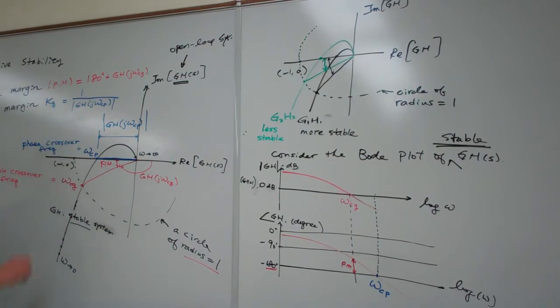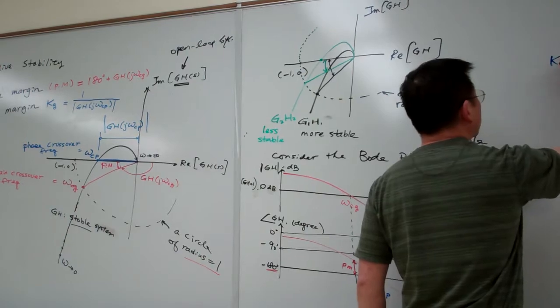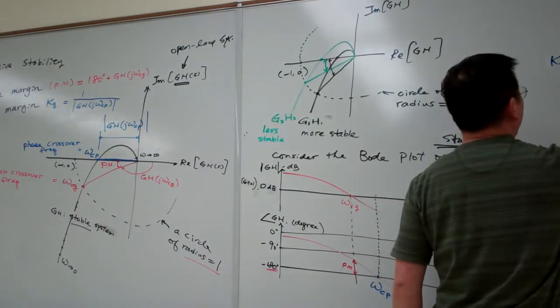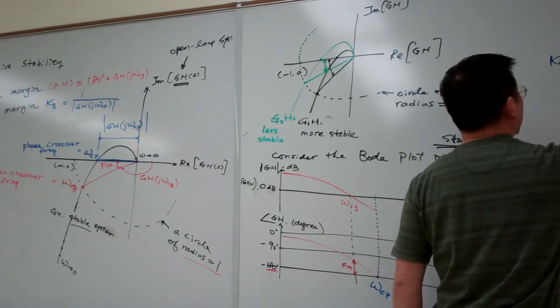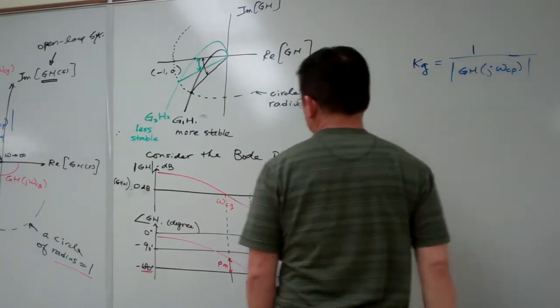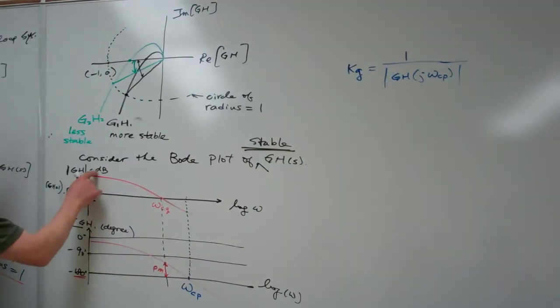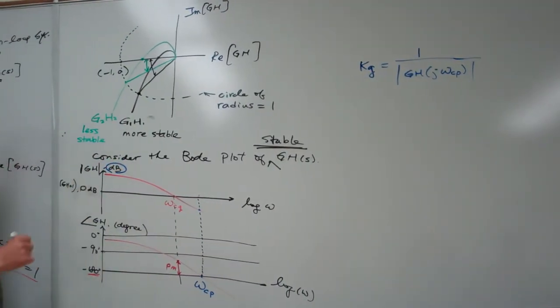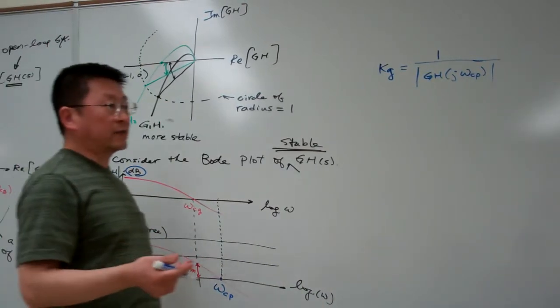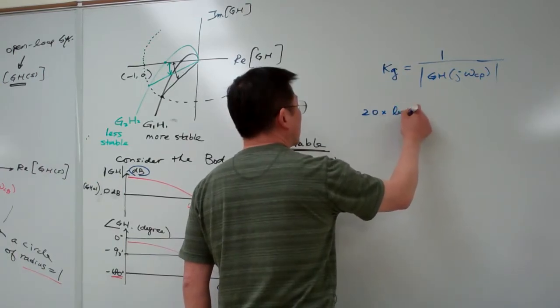Okay, so what is this? Kg, let me do a little bit more calculation. Kg equals 1 divided by the magnitude of GH, and that is at j omega CP. Okay, so basically this is the magnitude, and right now on the Bode plot we convert the magnitude into decibels. So that means 20 times log Kg.